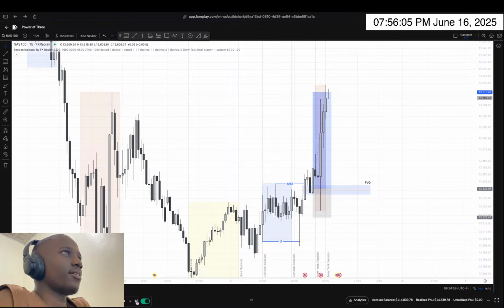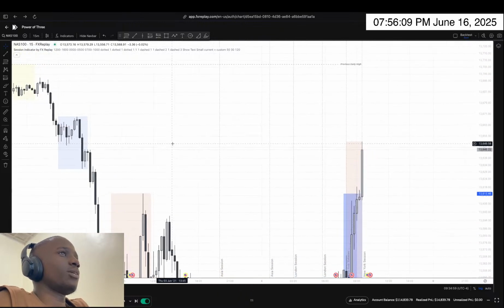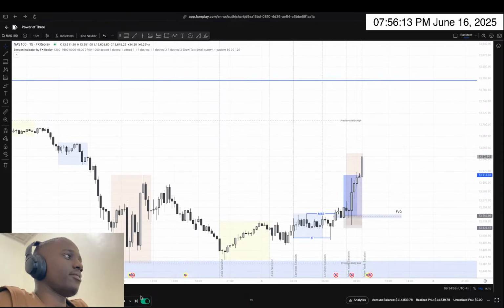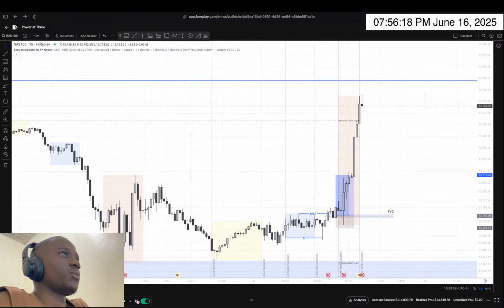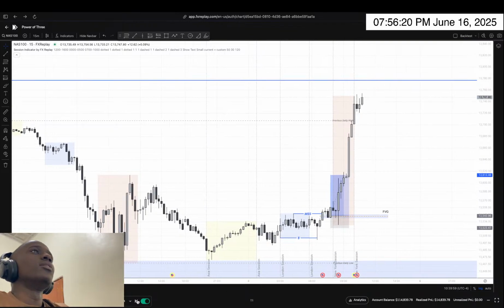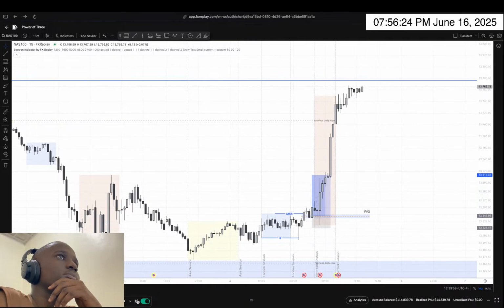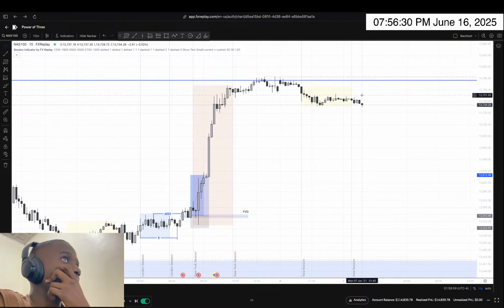What we would see here is we might even reach the previous day high. Wow. This is nice. Go to the next day open, which is right here.